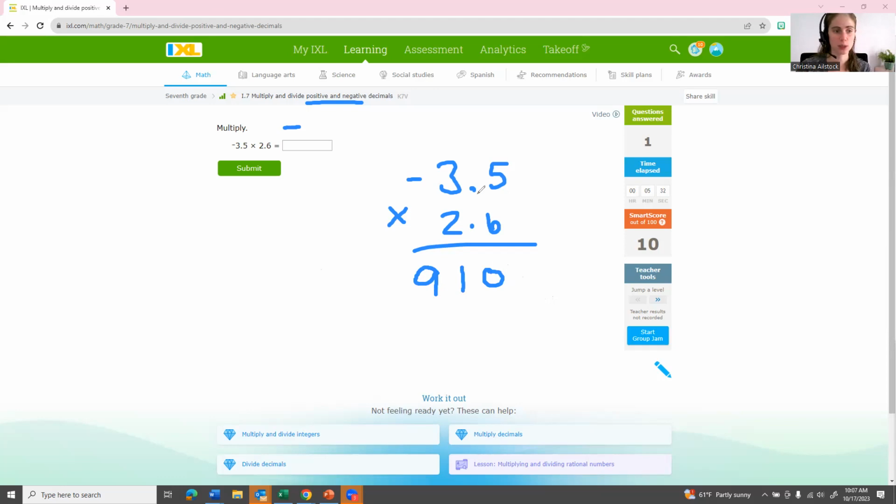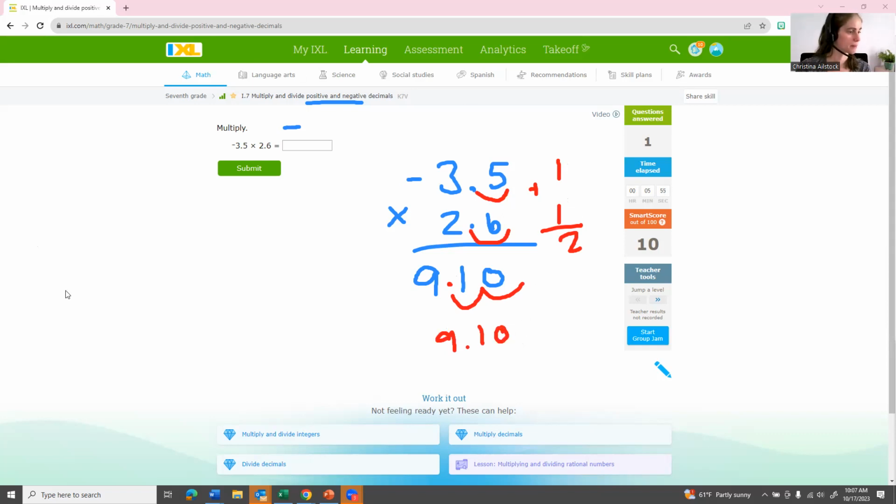In our first problem, we have 1 digit that follows our decimal point. In the second number, we have 1 digit that follows the decimal point. So if we add that up, that means we need to move that decimal point 2 times. We need 2 digits to follow our decimal point, leaving us right here with 9 and 10 hundredths.